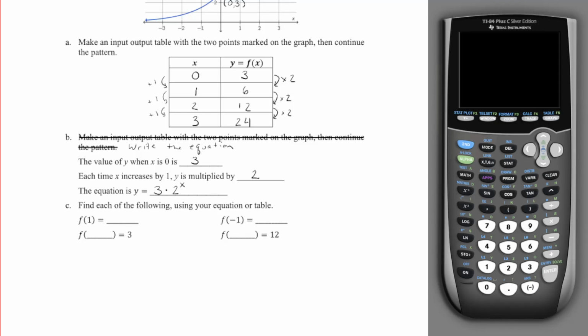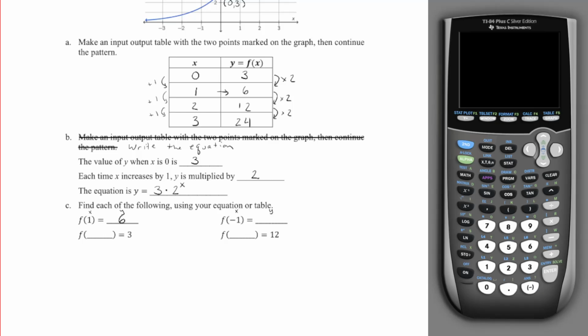So f of 1, this is looking for the value of y when x is 1. Well, we have that in the table. When x is 1, y is 6. f of negative 1, that's looking again for the value of y when x is negative 1.